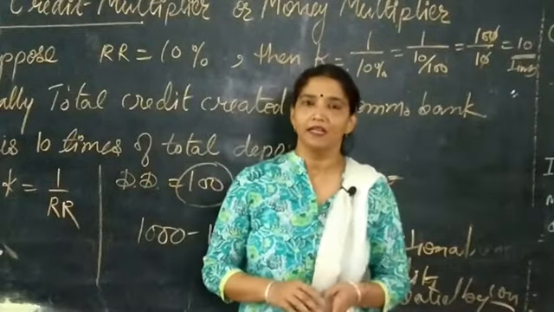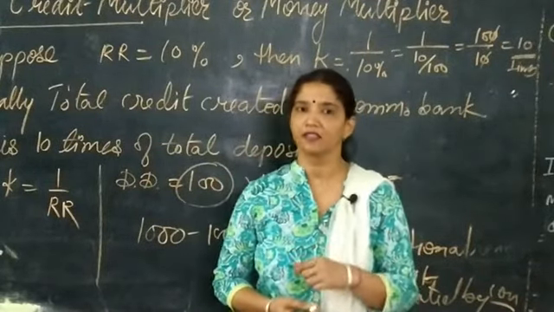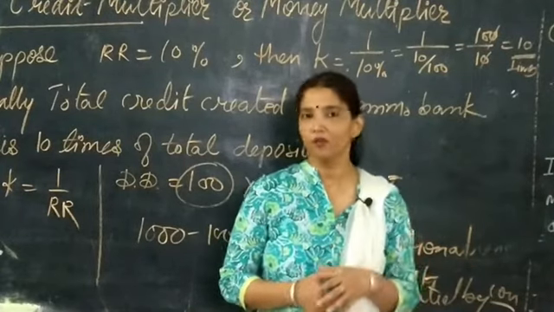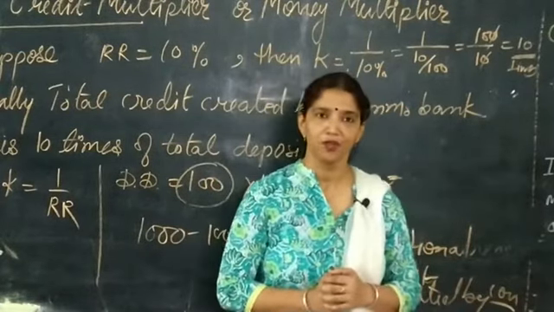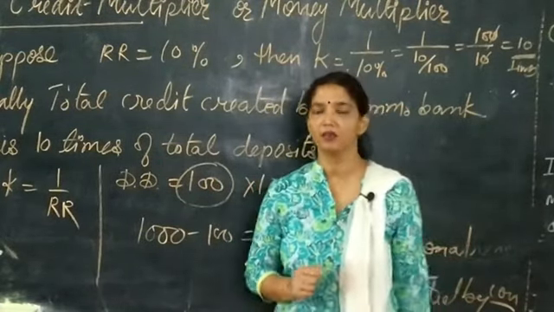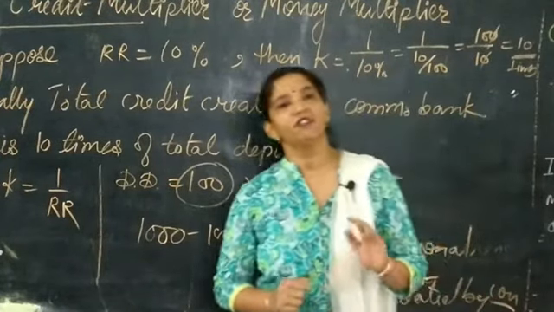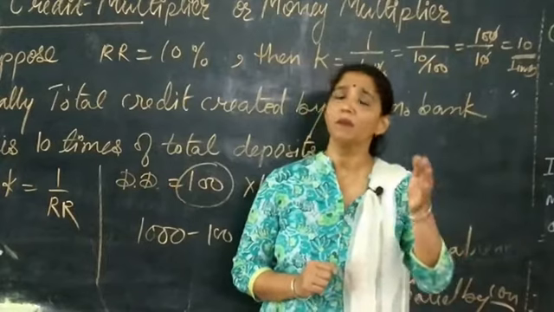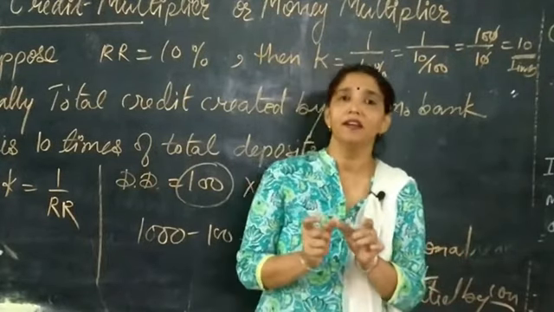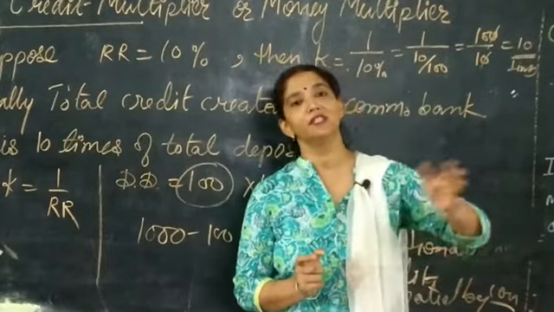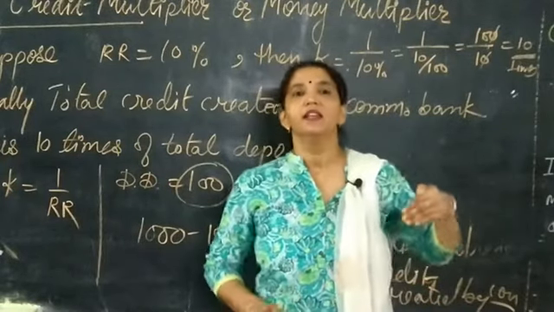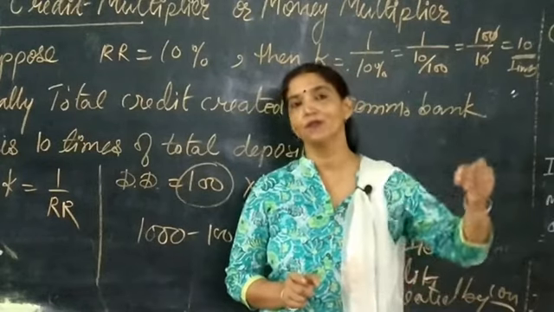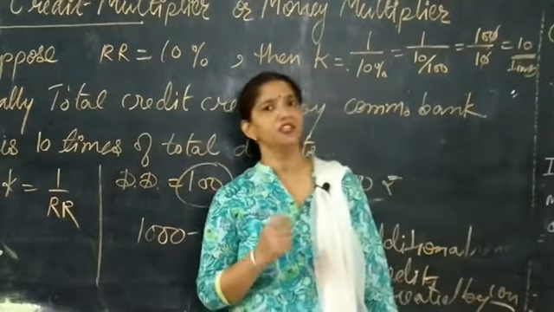Suppose that a person, Mr. X, has 100 rupees and he goes to the bank to deposit his money. He has his account in commercial bank A. After he deposits his money, the commercial bank lends that 100 rupees to another person, Mr. Z. The 100 rupees which X deposited in bank A, that bank lends as a borrowing to Mr. Z. In that condition, what will happen?